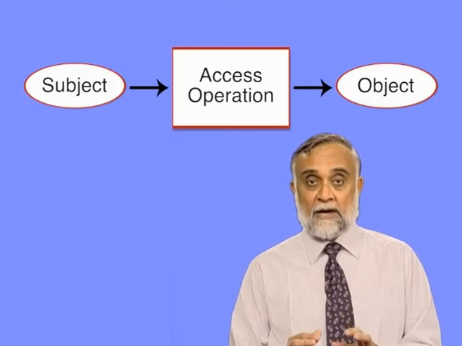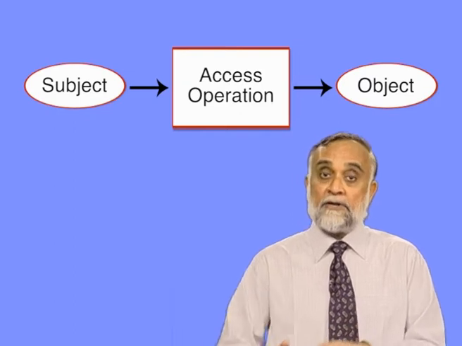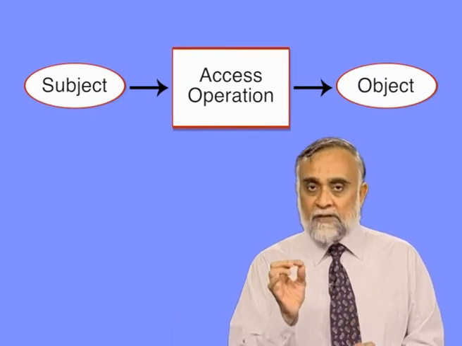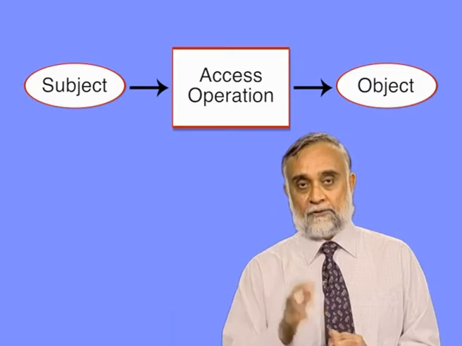Access control means the prevention of unauthorized use of a resource, including the prevention of use of a resource in an unauthorized manner. It is a function to control which active subject has access to which passive object with some specific access operation.